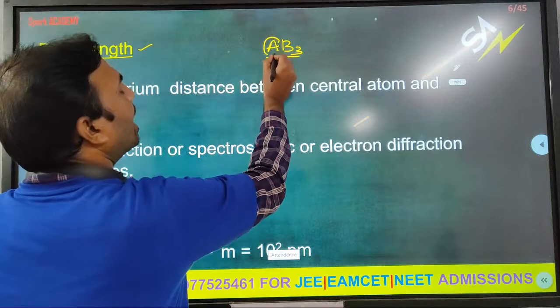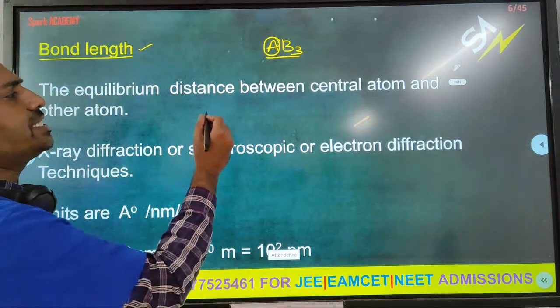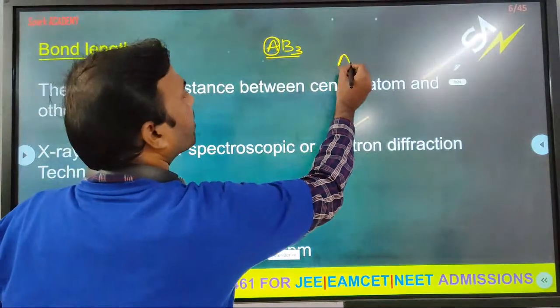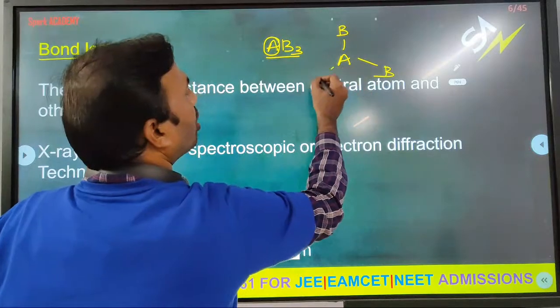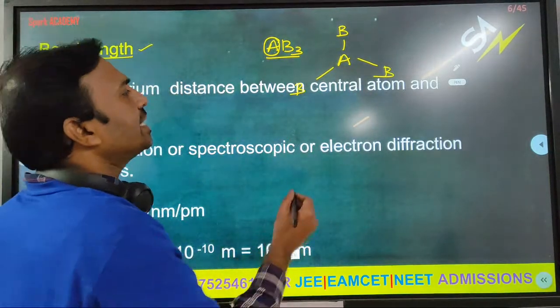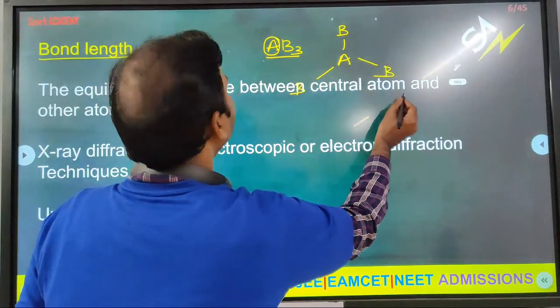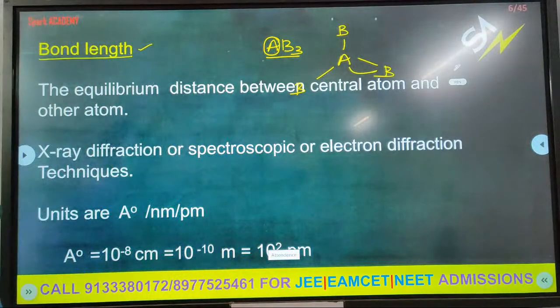So A is the central atom. This is the structure or geometry of the molecule. The distance between the central atom and the other atom is called bond length.